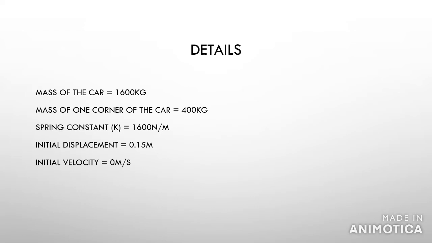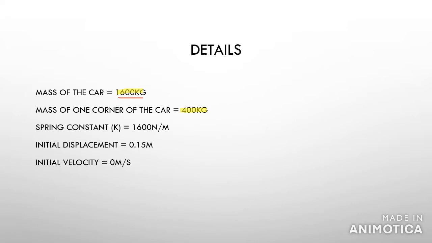So in discussing the suitability of the suspension of the car, I decided to fix the mass of the car. The total mass of the car is 1600 kg, and I decided to split it across the 4 corners of the car, so one corner will be 400 kg.